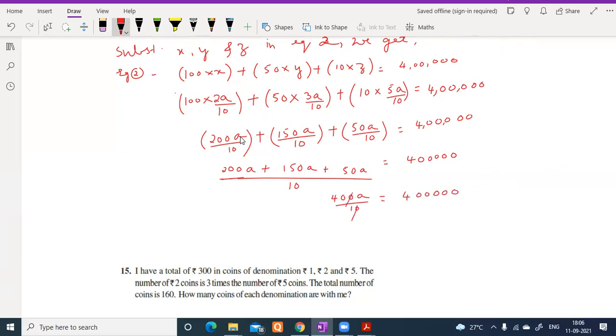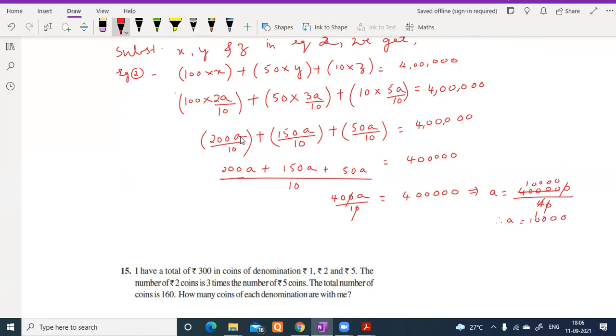Now you can cancel it off, which implies A is equal to 4 lakh divided by 40. So therefore A equals 10,000.